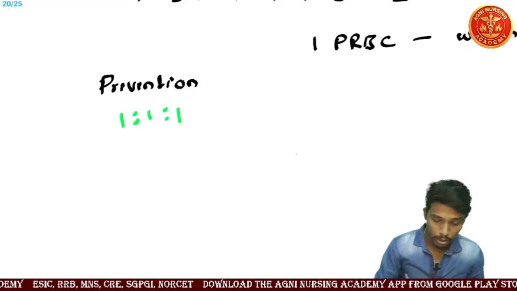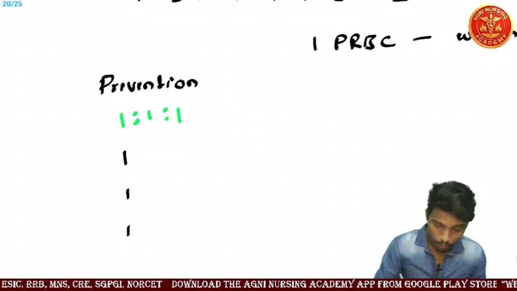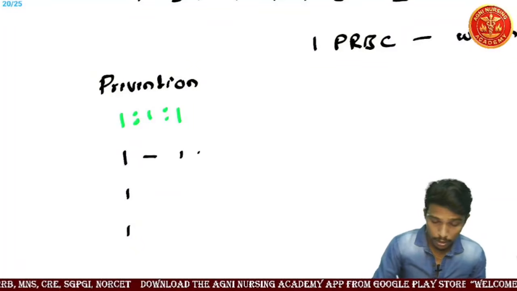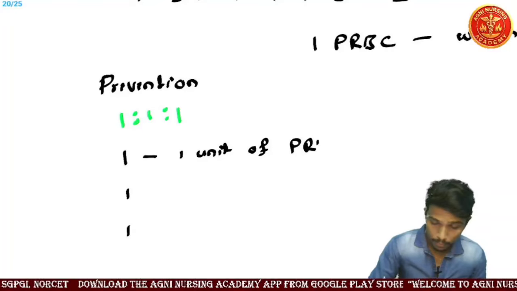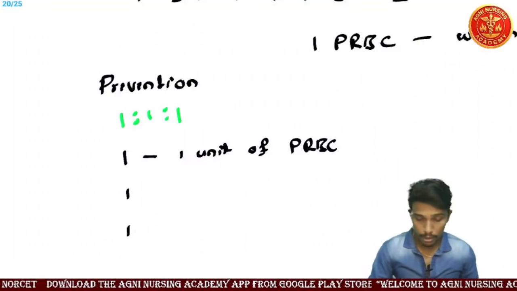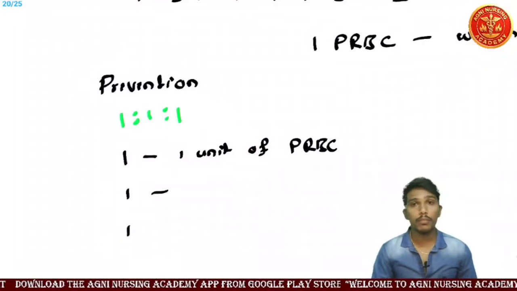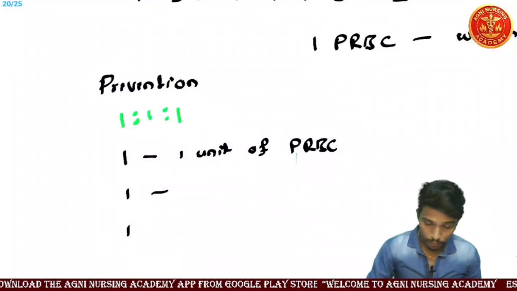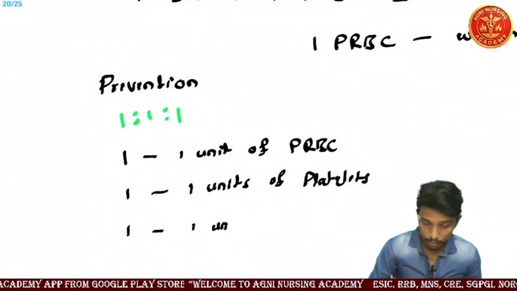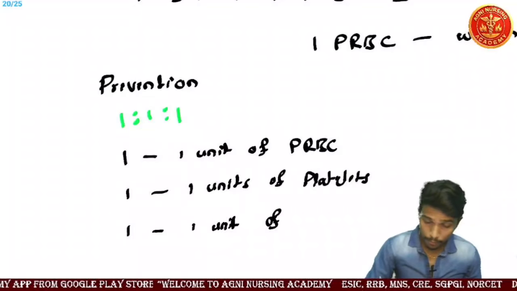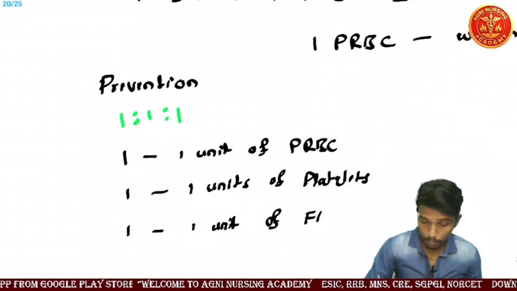What is this 1:1:1? 1 unit of PRBC. After 1 unit of PRBC, we have to infuse 1 unit of platelets. And the third one, 1 unit of FFP, fresh frozen plasma.